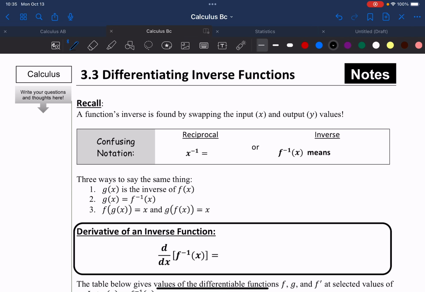Okay, chapter 3.3, taking the derivative of inverse functions. Recall, a function's inverse is found by swapping the input and output values, so swapping the x and y values.